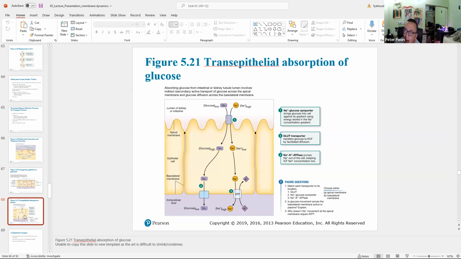You do not want to lose glucose, right? You're eating sugar, you don't want to poop it back out or pee it out. You want desperately to get it into your bloodstream. So you want to keep all the glucose, even if there are low concentrations of glucose, you still want it.